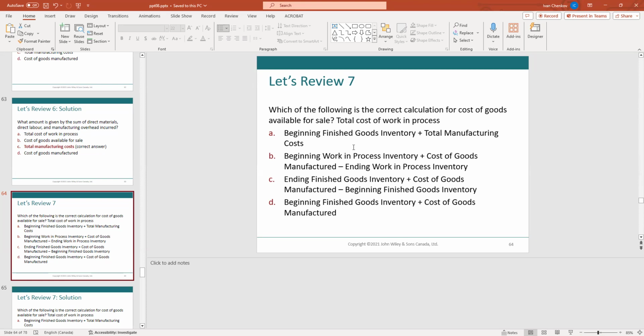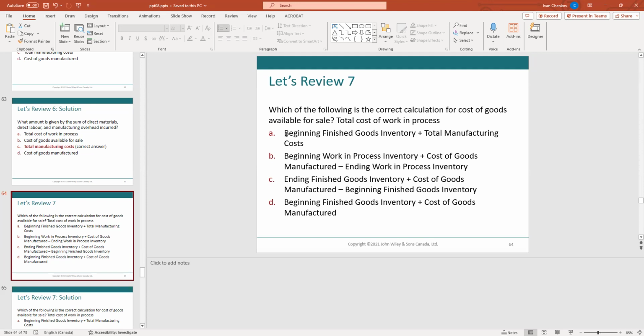So let's look at this. If we get B, what are we going to get? We're going to get beginning work in process, cost of goods manufactured, ending work in process account. We're going to get beginning plus cost of goods sold. We're not going to get anything out of this. That would be crazy. Honestly.